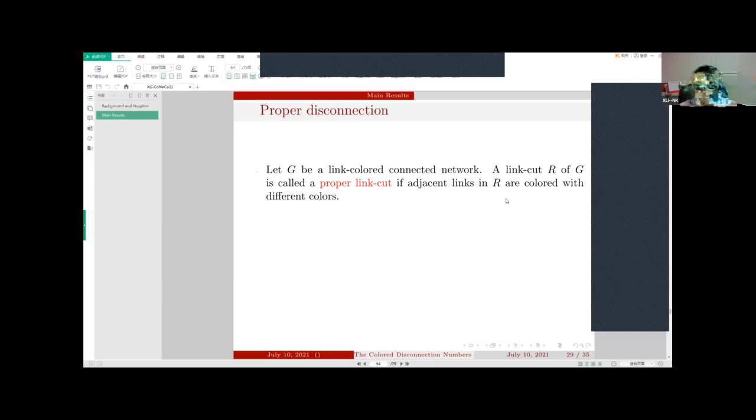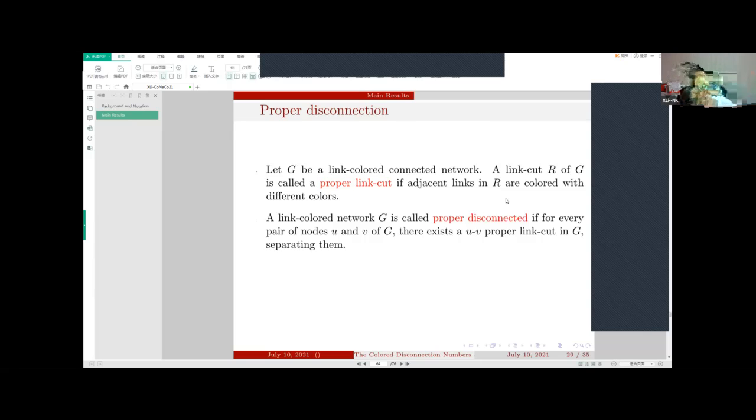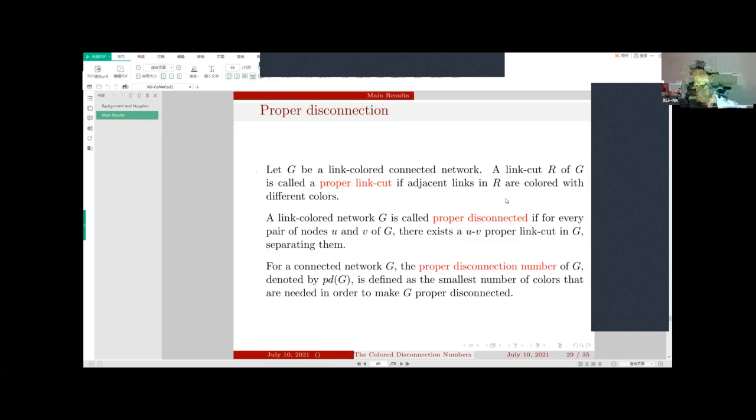We only need adjacent links to have different colors, not all of them. The minimum number of colors we need so that every pair of nodes can be separated by a proper link cut is PD. We call this the proper disconnection coloring.